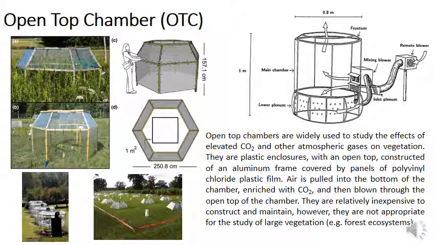They are plastic enclosures with an open top, constructed of an aluminum frame covered by panels of polyvinyl chloride plastic film. Air is pulled into the bottom of the chamber, enriched with CO2, and then blown through the open top of the chamber. They are relatively inexpensive to construct and maintain. However, they are not appropriate for the study of large vegetation.